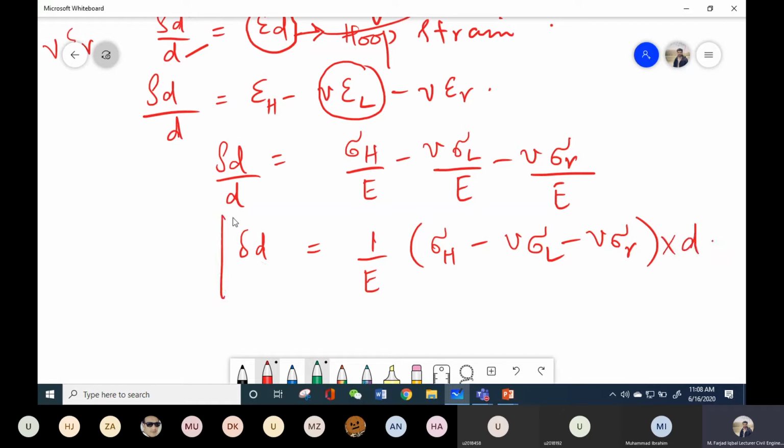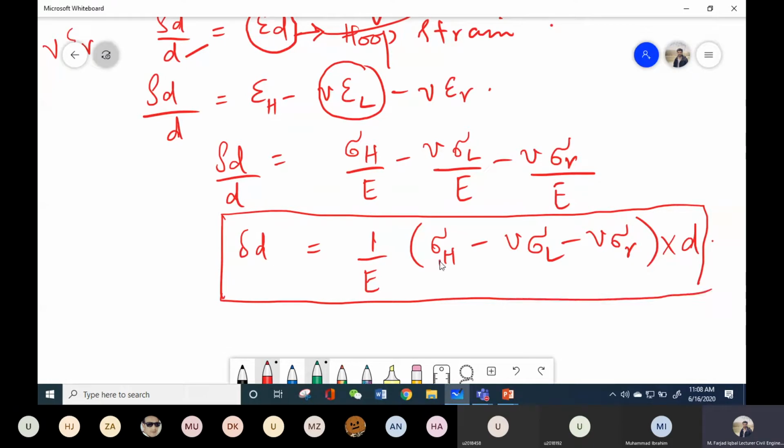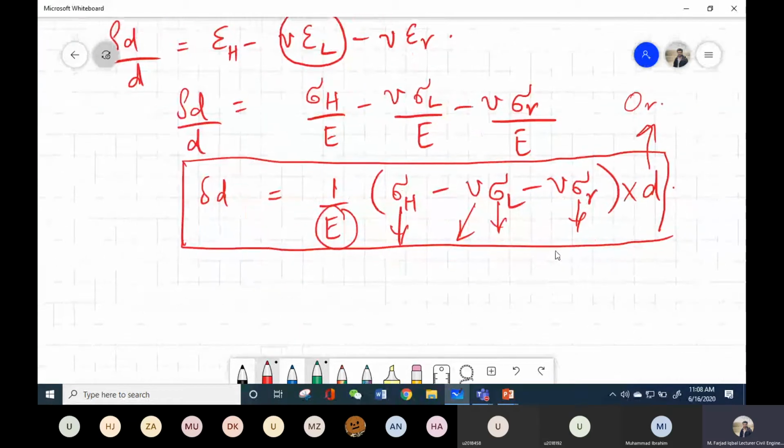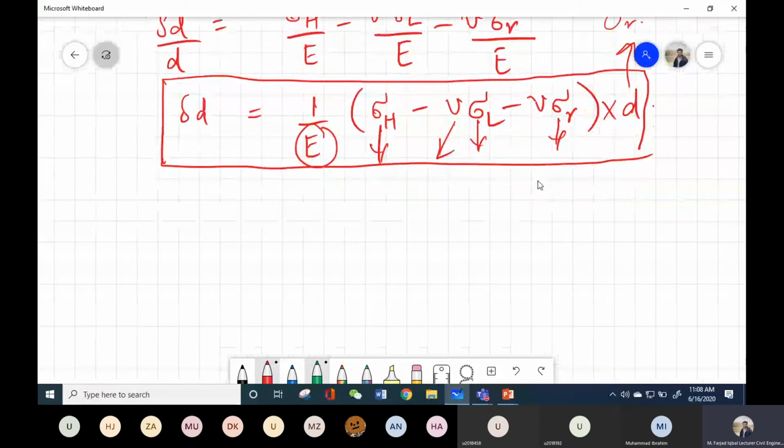So by using this simple formula, we can calculate the change in diameter in the case of thick cylinder if we know the hoop stresses, longitudinal stresses, the radial stresses, the original diameter, the modulus of elasticity, and Poisson's ratio. This is how you calculate the change in diameter in the case of thick cylinder.